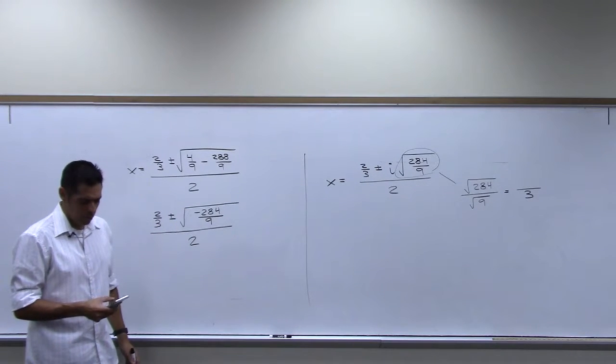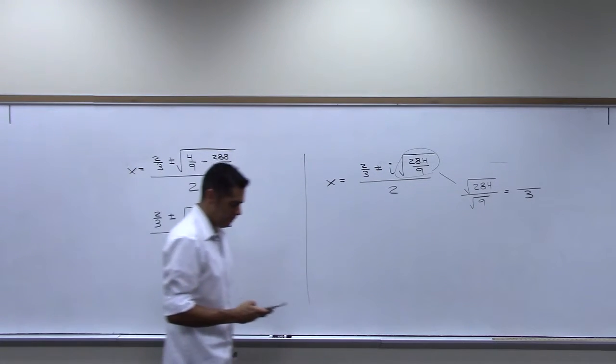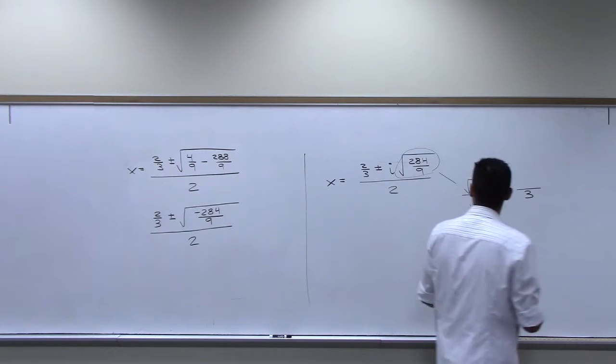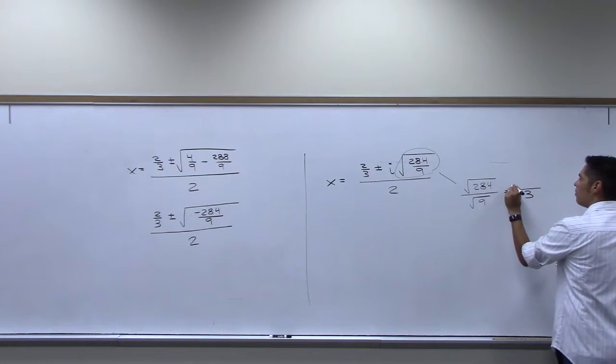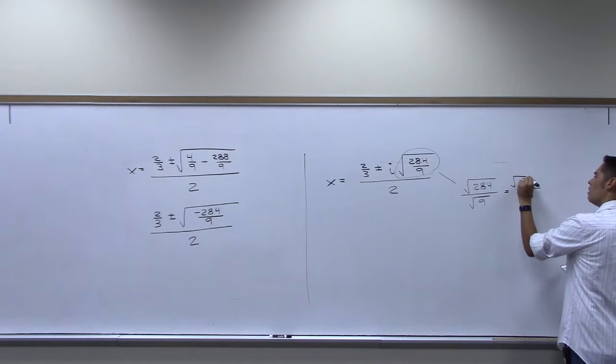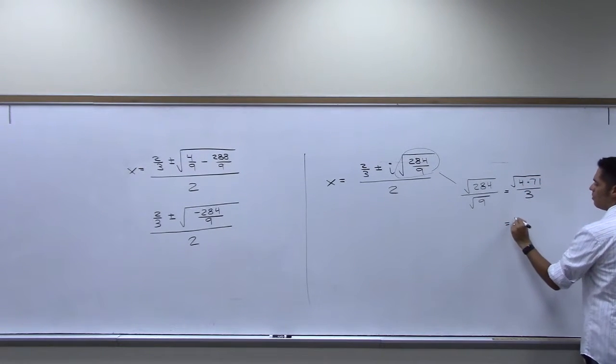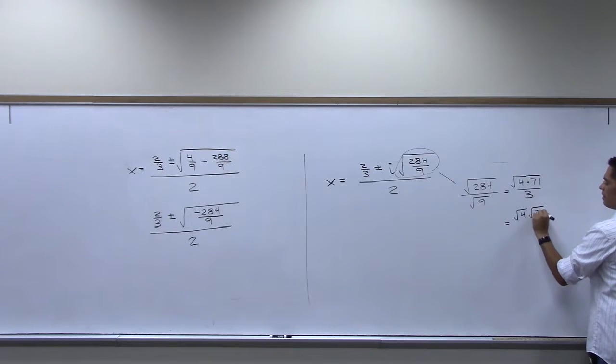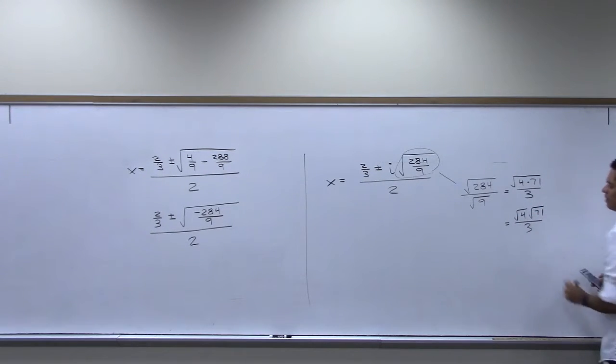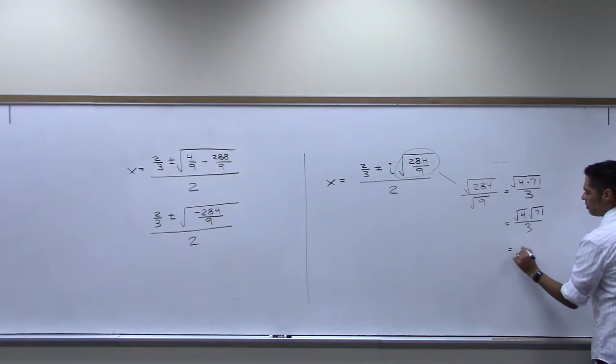So 284, it's going to go by 4, right? 71 times. So this becomes root 4 times 71, which is root 4 times root 71 over 3. Is that still okay? And then root 4 is 2. So this is 2 root 71 over 3.